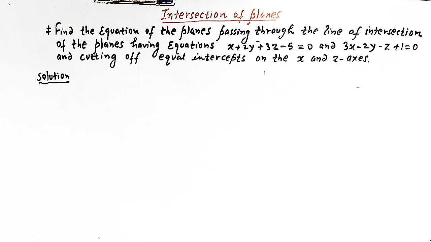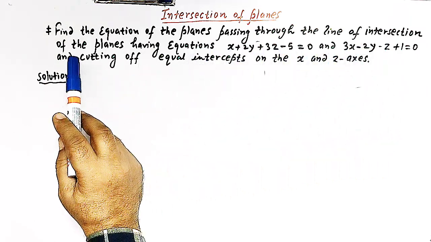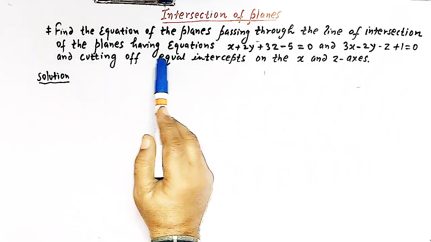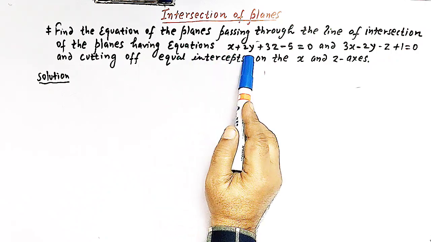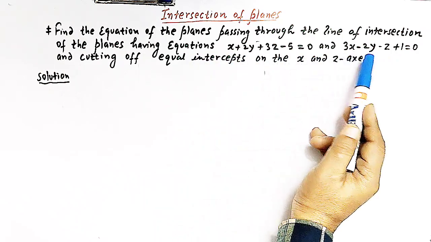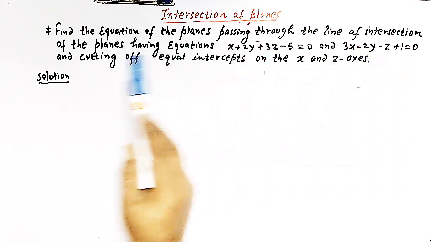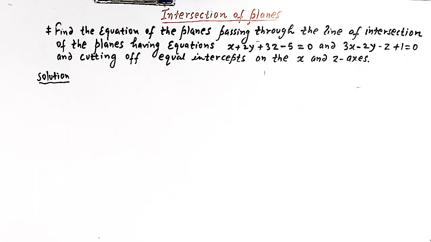So here we have to find the equation of the planes passing through the line of intersection of the planes having equations x + 2y + 3z - 5 = 0 and 3x - 2y - z + 1 = 0, and cutting off equal intercepts on the x and z axis.